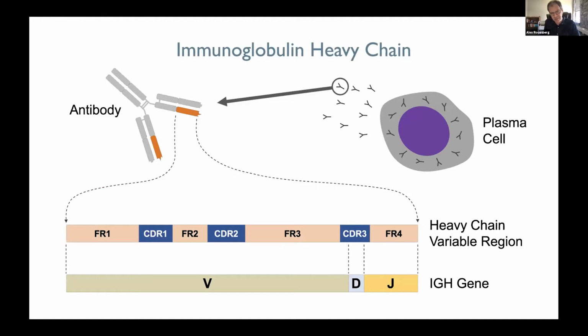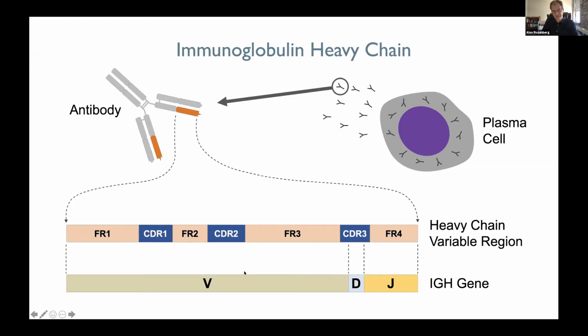So just a review about B cells. B cells can express a B cell receptor that is very particular to a certain kind of antigen. They can differentiate into plasma cells, which have the ability to secrete antibodies. And those antibodies can be neutralizing, and they're very specific to a certain protein. The variable part of the antibody, or the B cell receptor, is shown here.